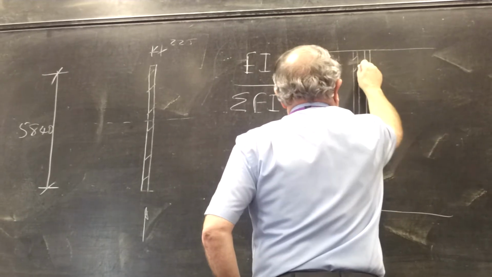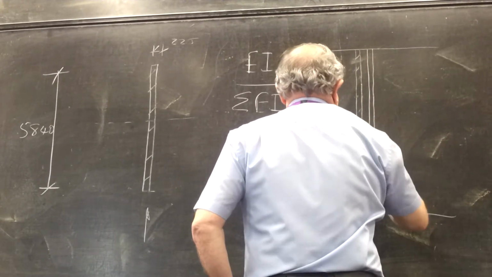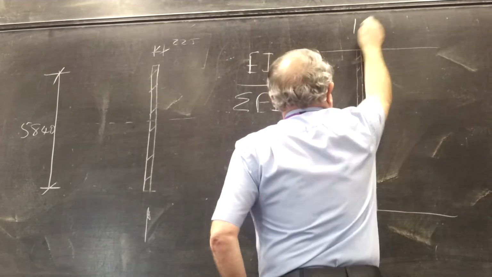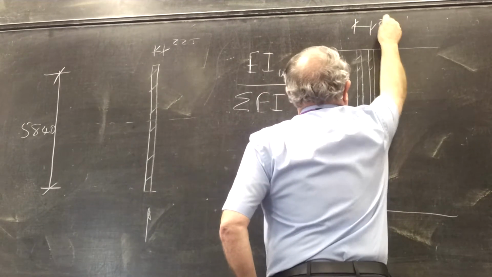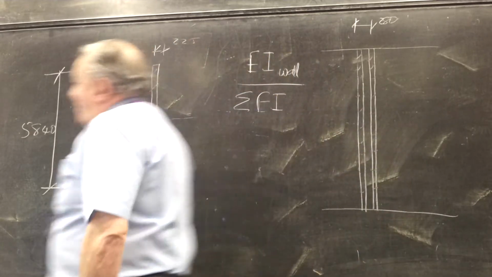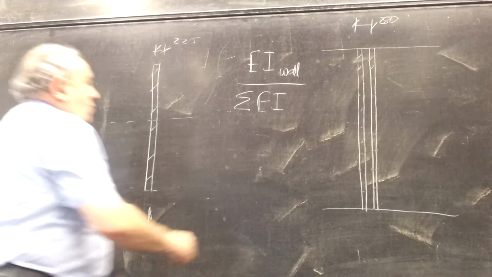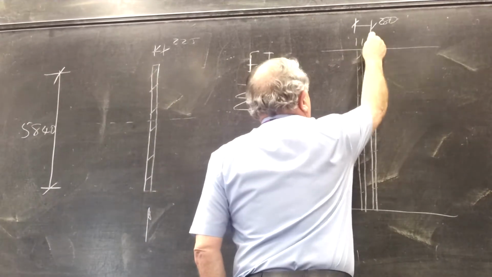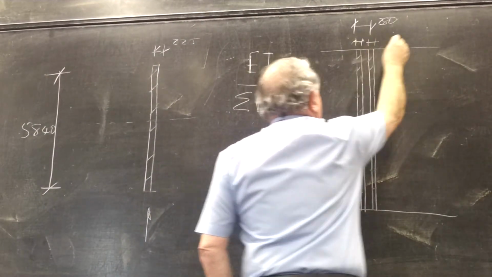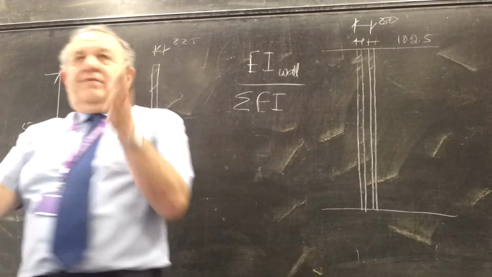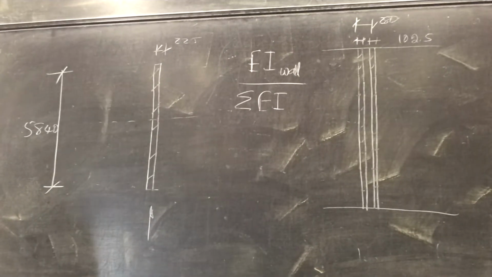So that overall is 280, and it's made up of 2 walls there that are each 102.5, which is the thickness, the width of a standard brick wall.